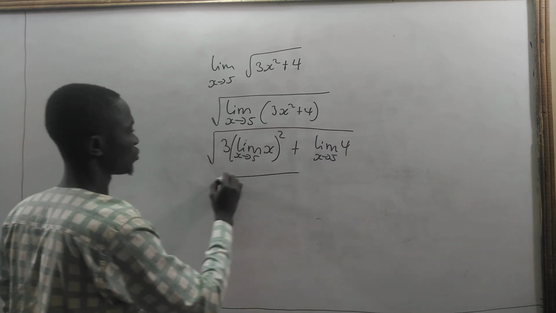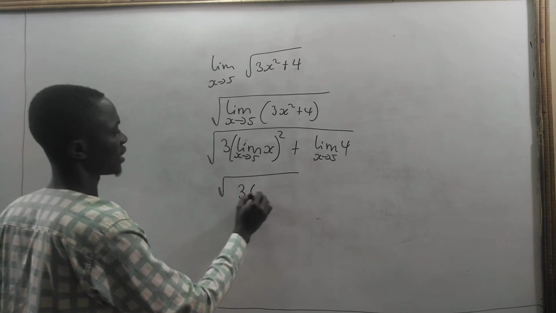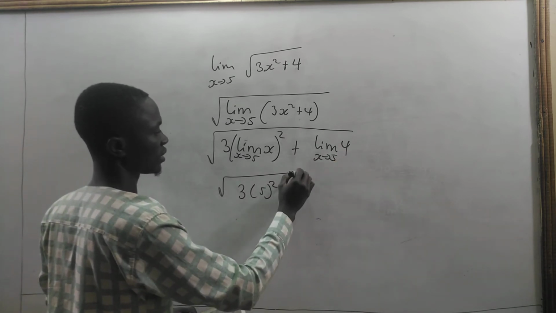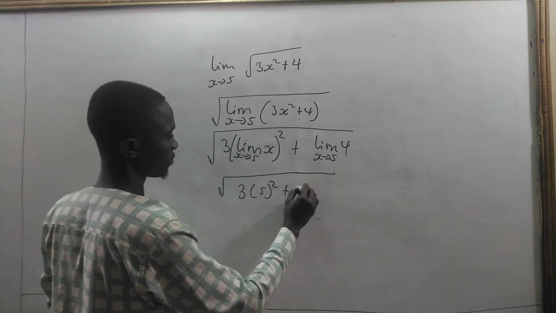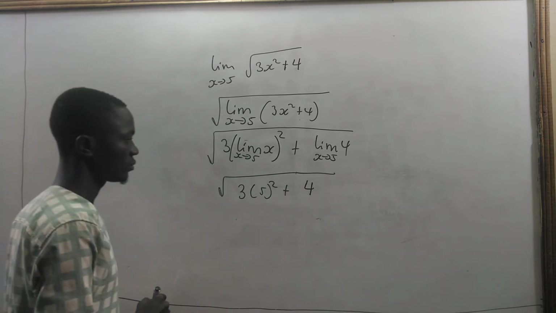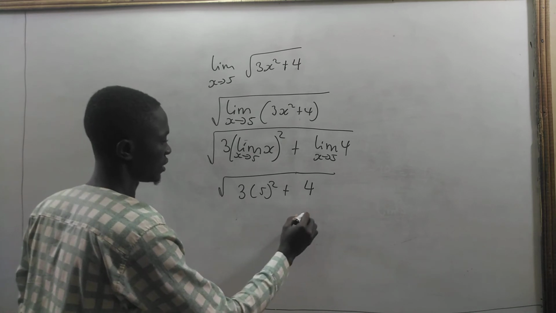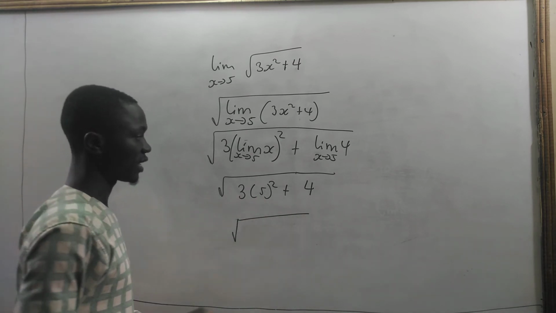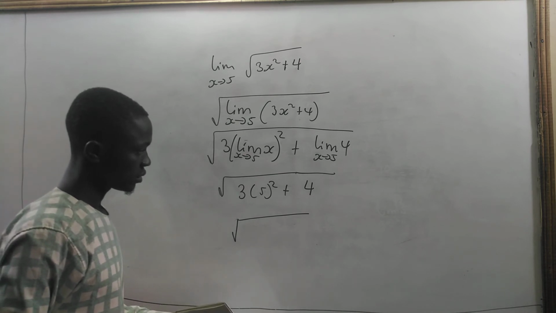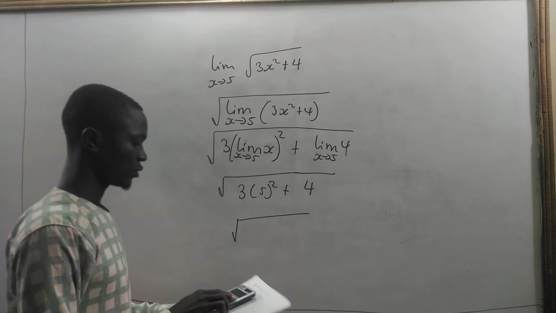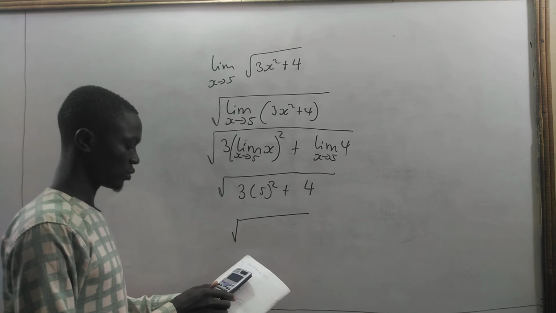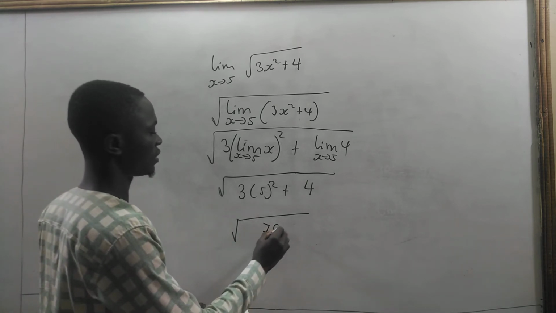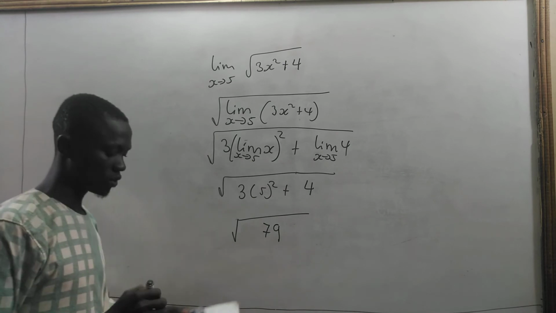This is the same as the square root of 3 times 5 squared plus, the limit of a constant is a constant, so we write here 4. So this is the same as the square root of 5 squared is 25 times 3. So we take 3 times 25, 75, plus 4, that is 79 under the square root.